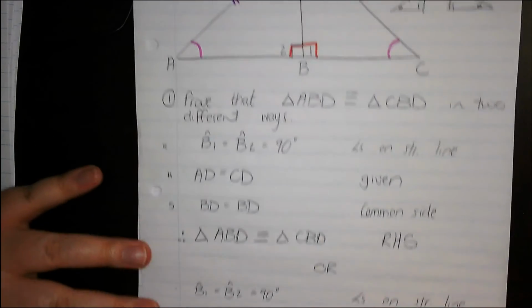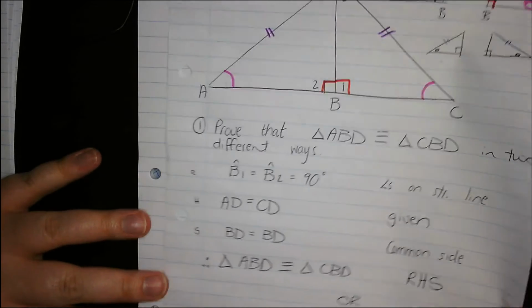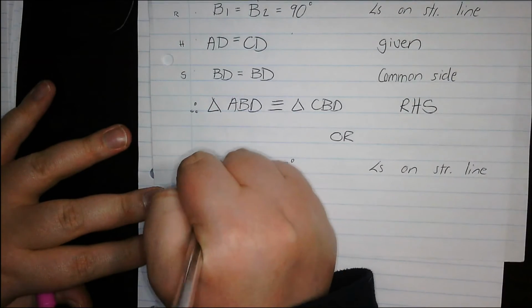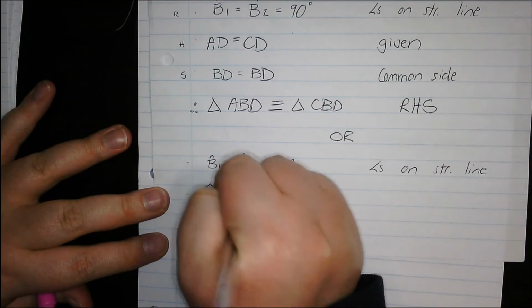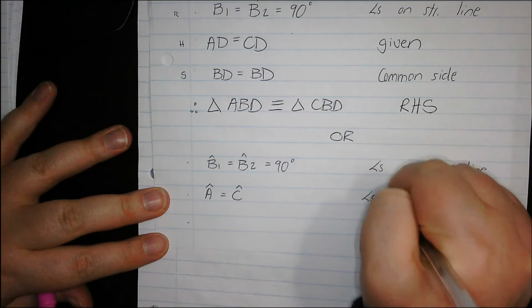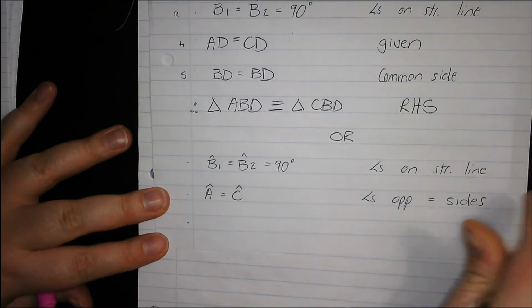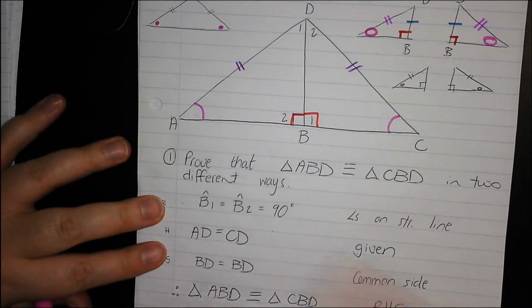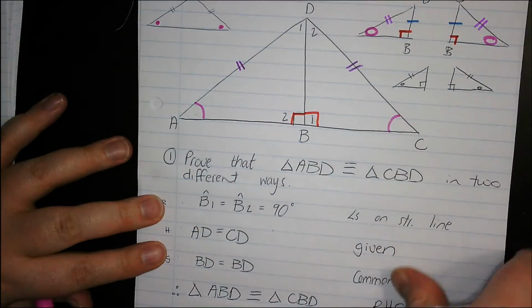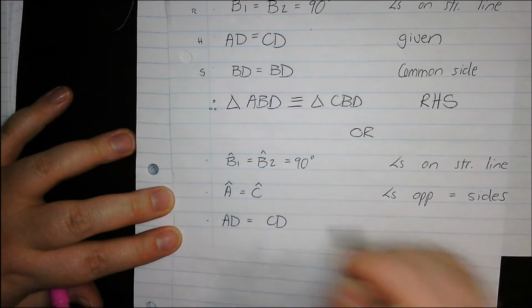Okay, then we said angle A is equal to angle C because they're angles opposite equal sides. And then we said side AD is equal to side CD.